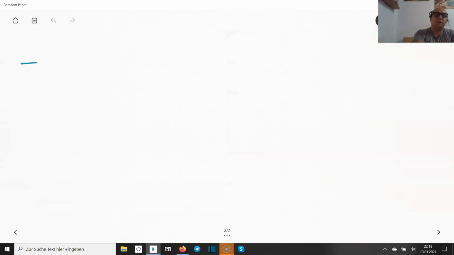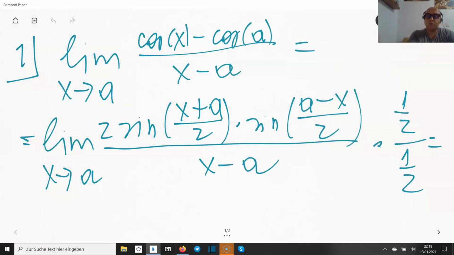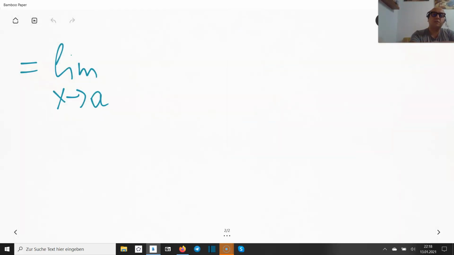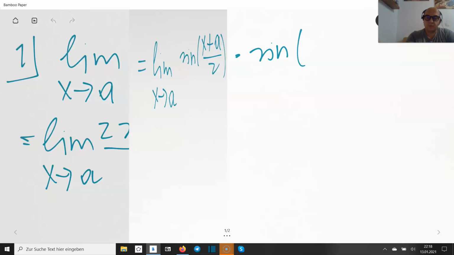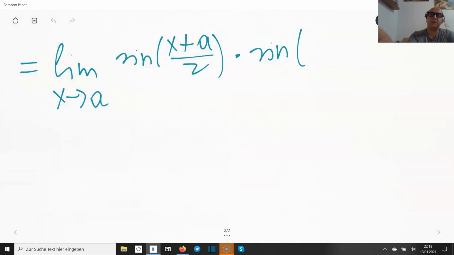I'm getting to a limit x towards a still. We have no 2 anymore. We have just sine of (x plus a) divided by 2, times sine of, well, you see, I wanted to have a minus x, I still have it.